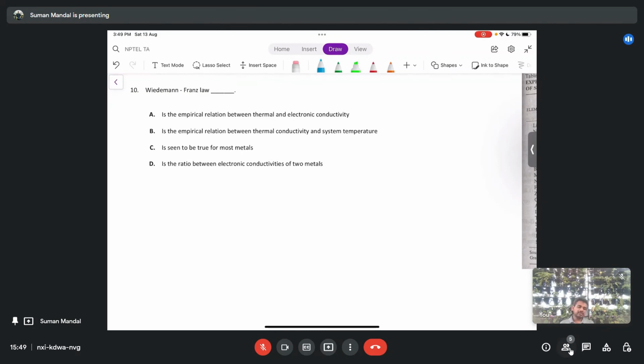Okay, so we discussed electronic conductivity. We discussed thermal conductivity. Now we'll talk about the Wiedemann-Franz law. So what is this Wiedemann-Franz law? It is the empirical relationship between thermal and electronic conductivity. It is the empirical relationship between the thermal conductivity and system temperature. It's said to be true for most metals. It is the ratio between electronic conductivities of two metals.